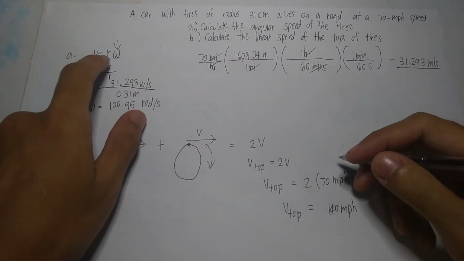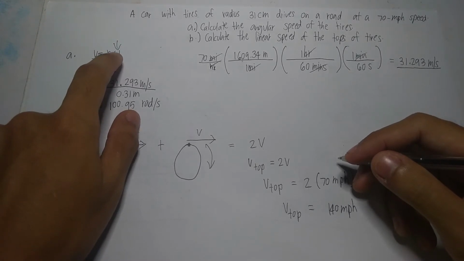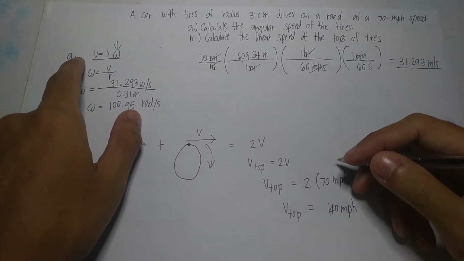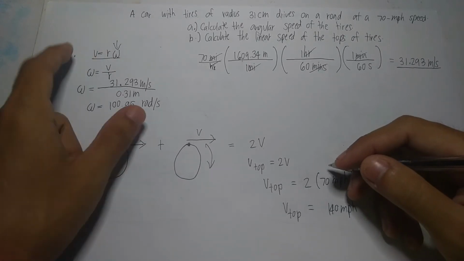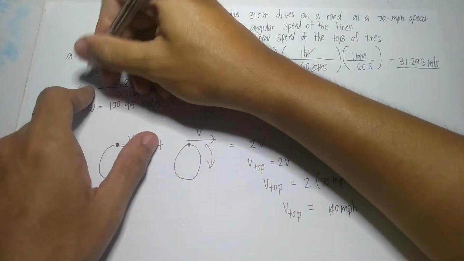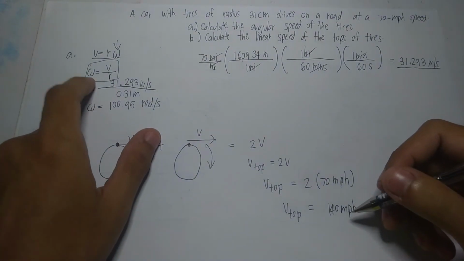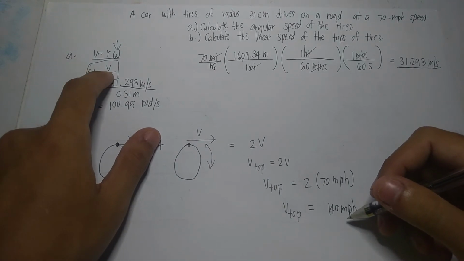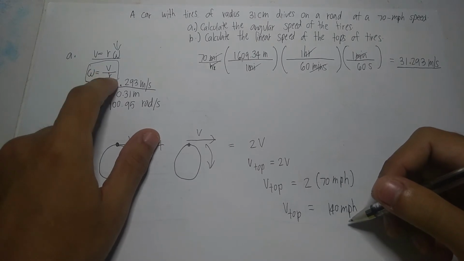So the thing is, we need to make this angular speed to the other side of the equation. So therefore, we need to have a transposition. And after the transposition, we will arrive in this formula, which is the angular speed is equals to linear speed or linear velocity rather all over radius.